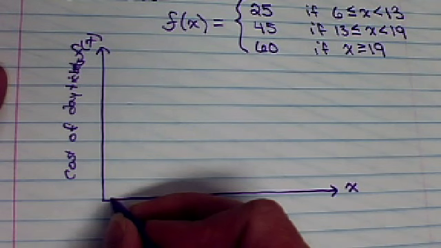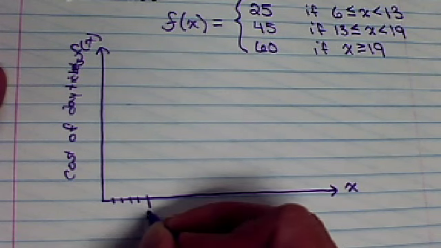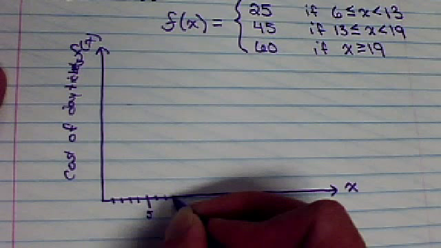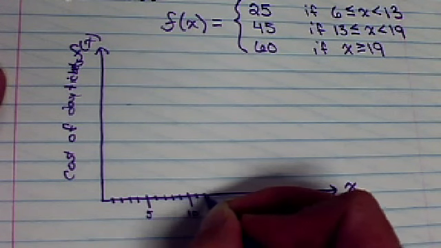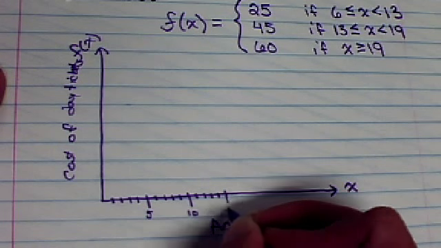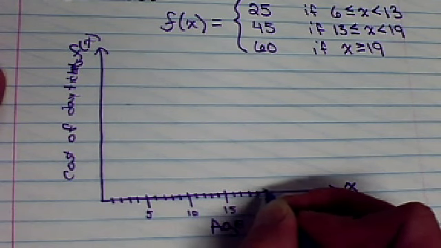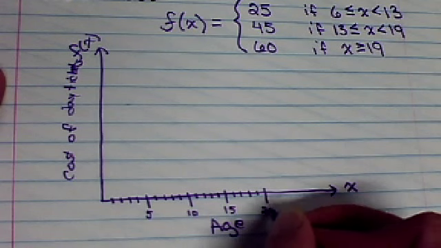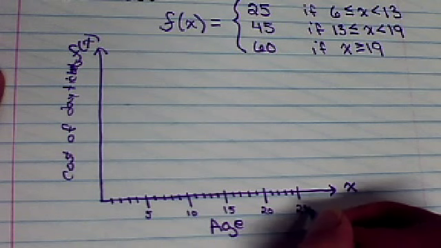So how about, let's see. 1, 2, 3, 4, here's a 5, 6, 7, 8, 9, 10, 11, 12, 13, 14, 15, 16, 17, 18, 19, 20, 21, 22, 23, 24, 25, and so forth.